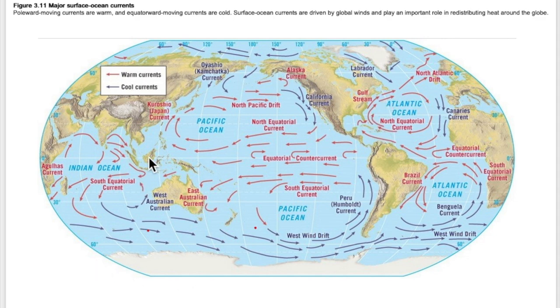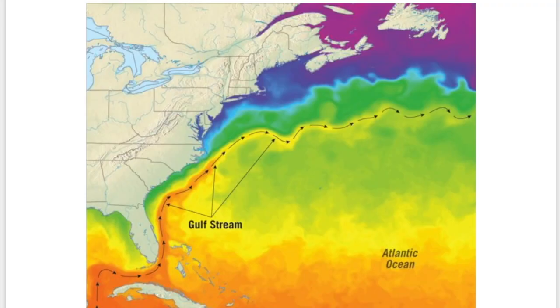So it is good to keep in mind our major ocean gyres around the world. And here in the satellite image of the east coast of the United States, red represents higher water temperatures and blue represents cooler water temperatures. So this current transports heat from the tropics far into the North Atlantic, like we see here.